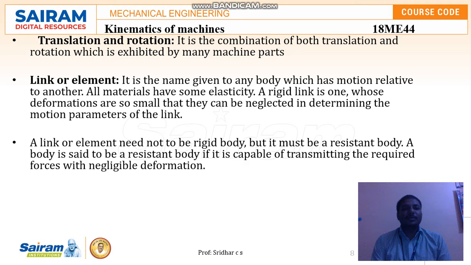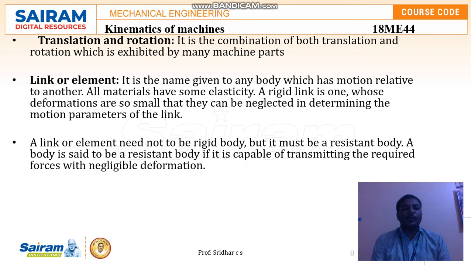Next we're going to see a link, or what we call an element. A link is just a name given to any body that has motion relative to another. In general terms, not only in kinematics of machines, a link means something connected to another. Here, a link is any body which has relative motion to another.